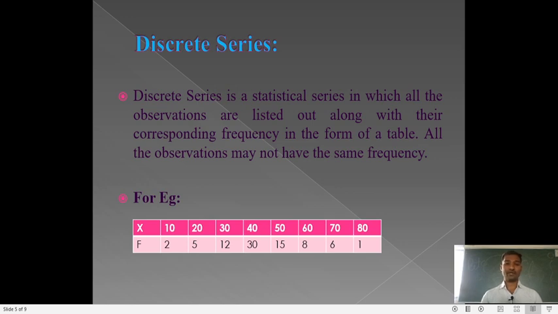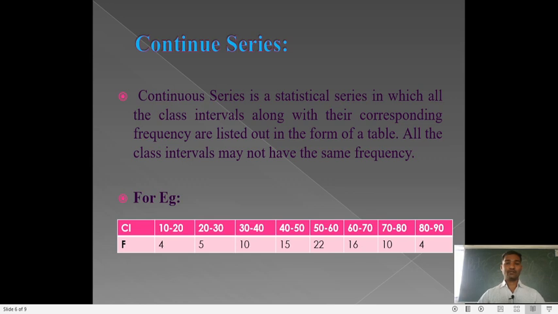Now we will go to the next, the third data series, known as continuous series. A continuous series is a statistical series in which all the class intervals along with their corresponding frequency are listed out in the form of a table.